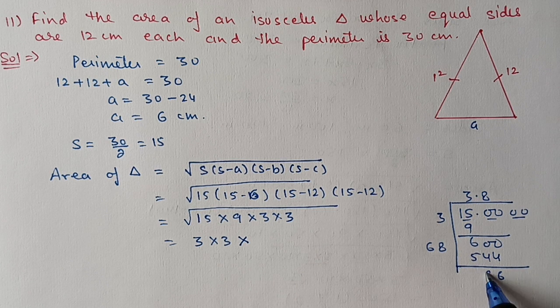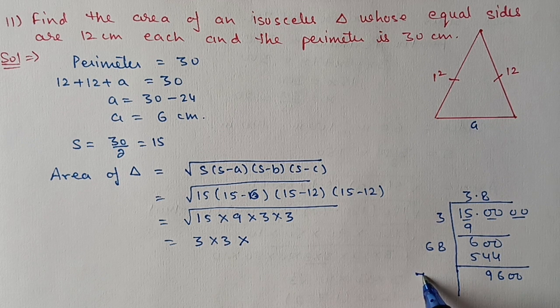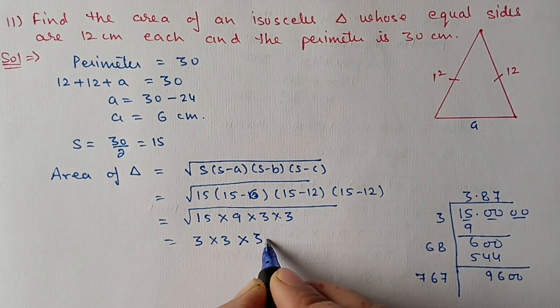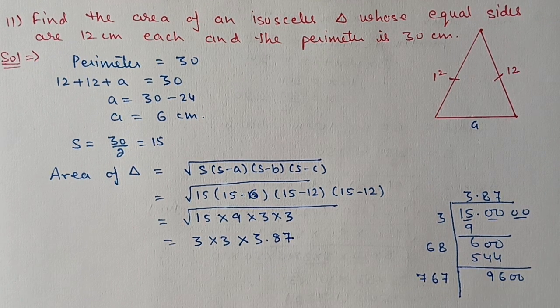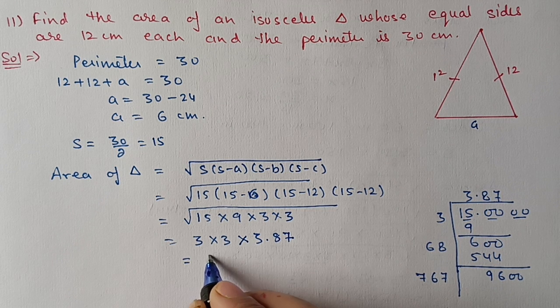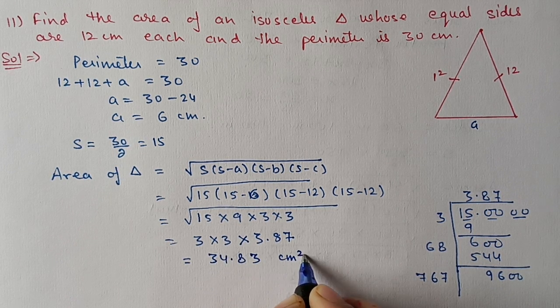Again 2 more zeros, and then do the double of 38, 76, then it will go nearly 7 times. So up to 2 decimals I am calculating 3.87. Now multiply all these numbers. We are getting 34.83 centimeter square.